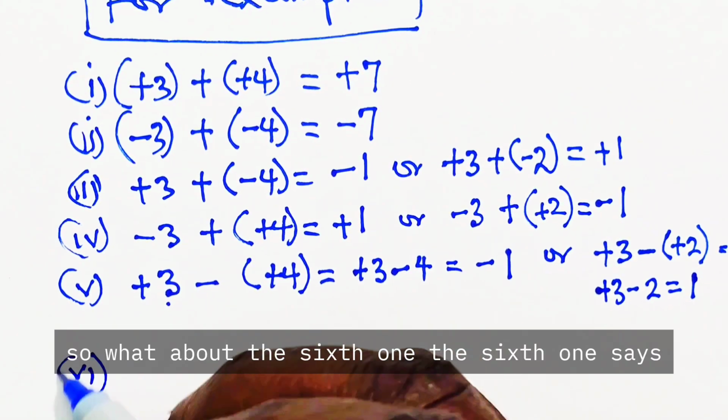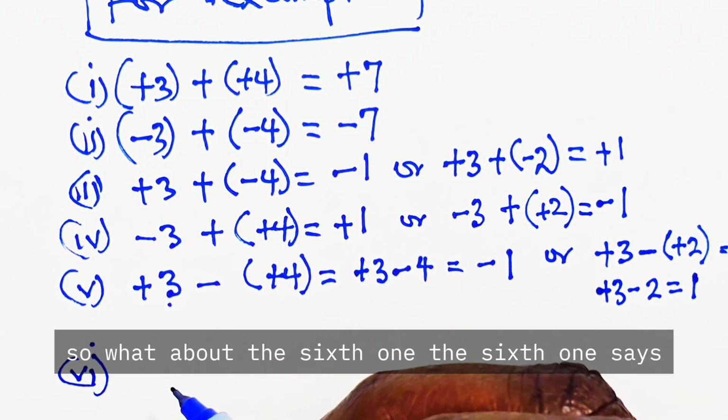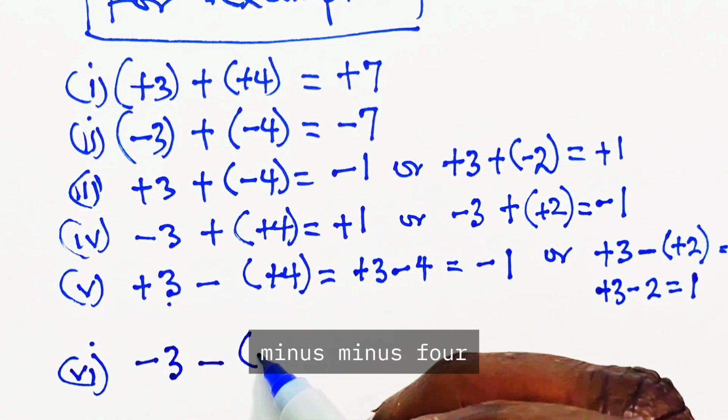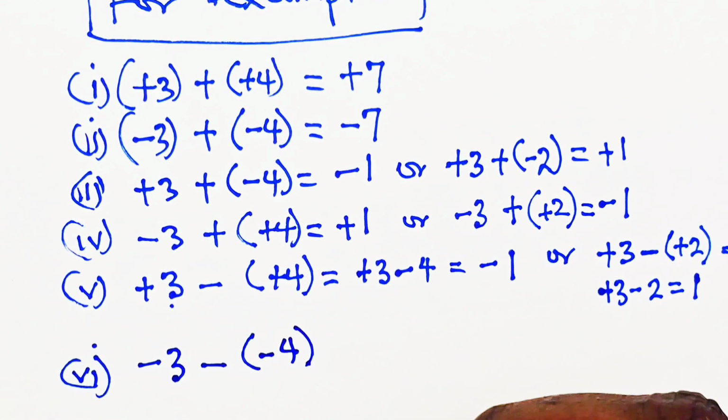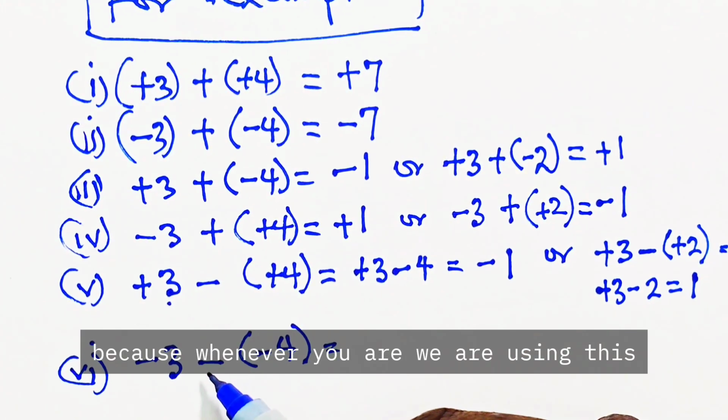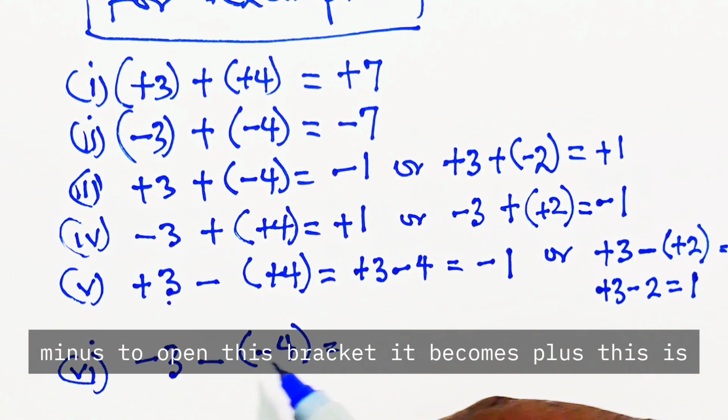So what about the sixth one? The sixth one says minus 3 minus 4, and that one depends also, because whenever you are using this minus to open this bracket, it becomes plus.